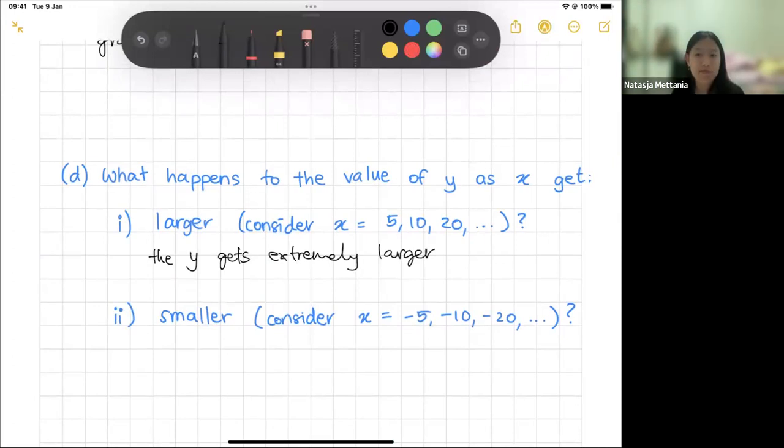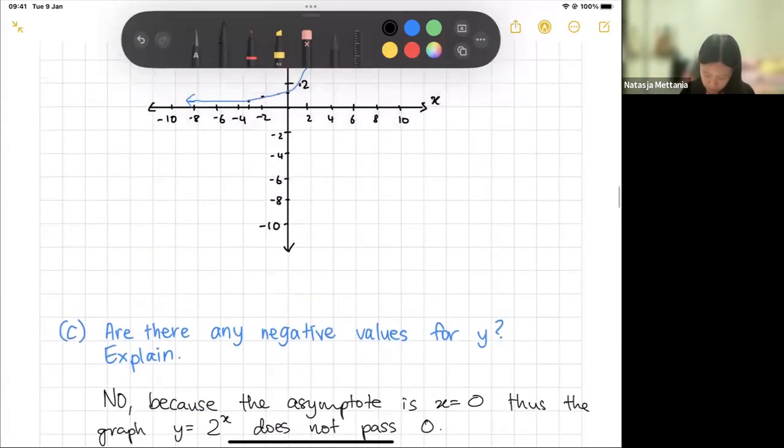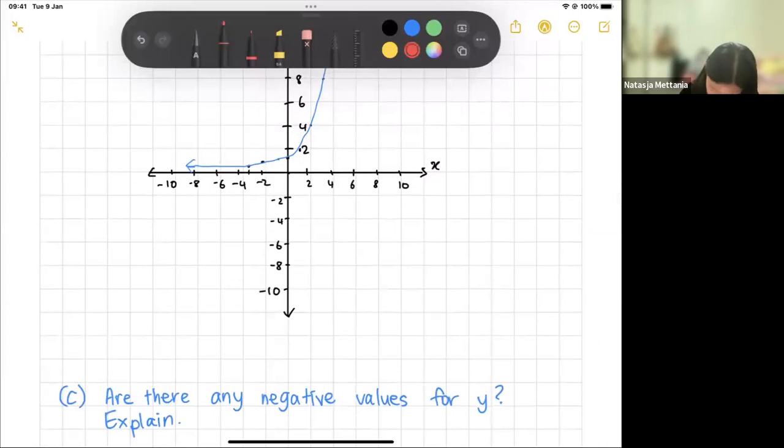Okay, that's it. What happens to the value of y as x gets smaller? Like -5 or -2 and so on. We can see it right here: if it gets to -2, it keeps getting closer to the x-axis, but never touches.